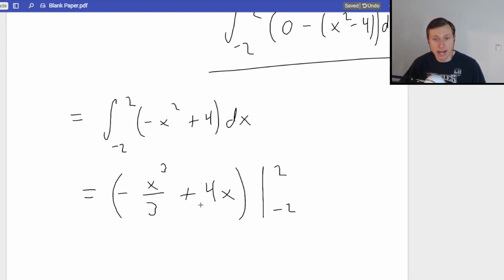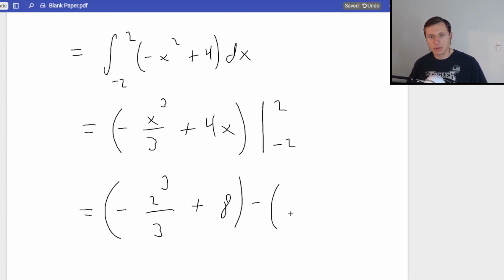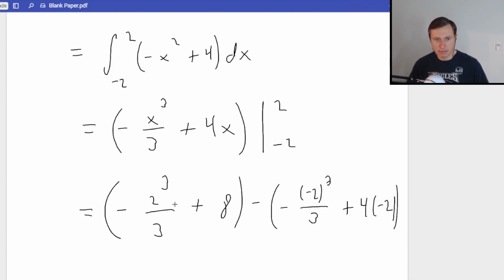We should get a positive answer here. Let's see if we do. So -2 cubed over 3 plus 4 times 2 is just 8. That's the first when I plug in 2. Now subtract when I plug in -2. So -2 cubed over 3 plus 4 times -2, which will be -8.